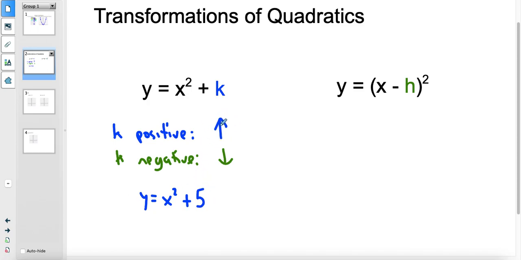And since this is positive, that means we're going to go up 5 units in this example. If I had something like this, y is equal to x squared minus 7, then my k value here is negative. And since it's negative, that means we're going to go down, and in this case, we're going to go down 7 units.